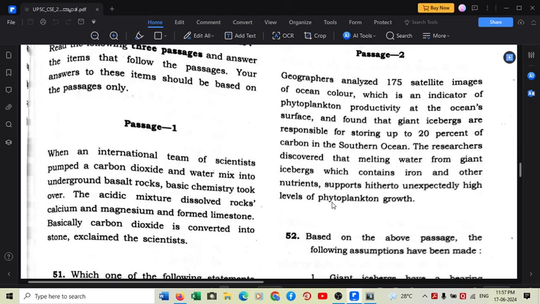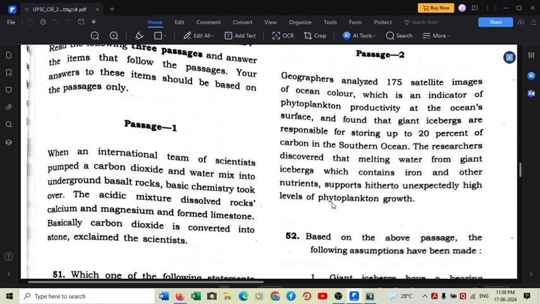So a research fact is given by this passage. After analysis of 175 satellite images of ocean color, phytoplankton productivity is being assessed, and it was found that icebergs contain up to 20% of carbon in the southern ocean, right?